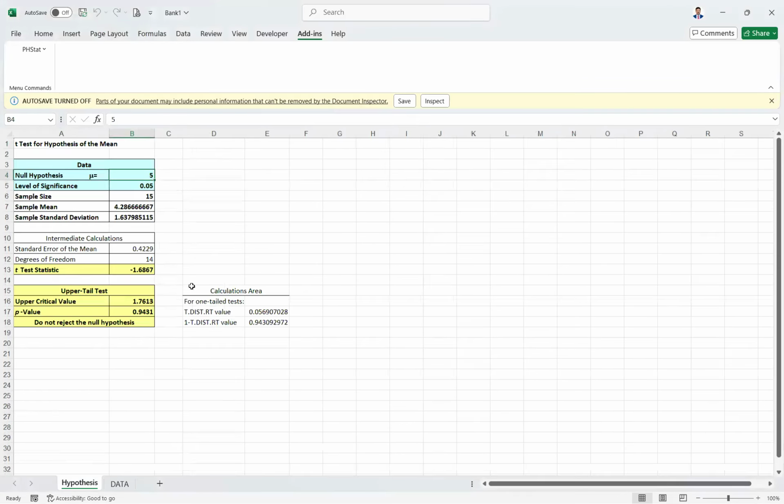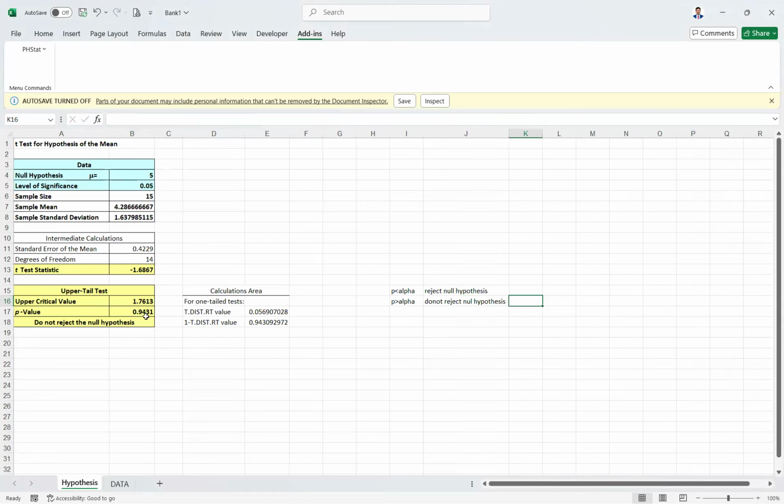Now see the hypothesis: mean less than 5, this is for the population. The level of significance is this. This is not necessary. See the p-value. If the p-value is less than alpha, where alpha is the level of significance, it means reject the null hypothesis. If the p-value is greater than alpha, then do not reject the null hypothesis.